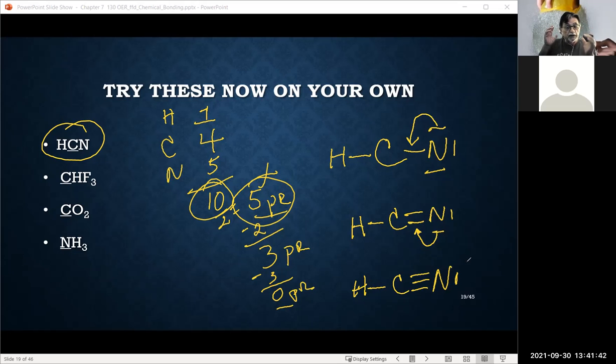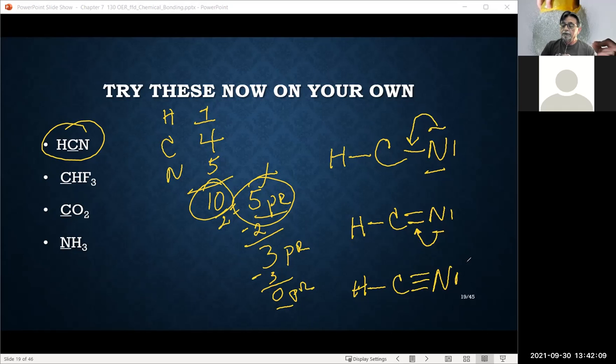All I did was take a pair of electrons that were on one element, and I created a double bond so they share it with the other element. Okay, I still have 5 pair there. I still have total 10 valence electrons. I know sometimes mathematically you look at it and say, whoa, something's missing, but there really isn't anything missing. I still have 10 valence electrons or 5 pair.